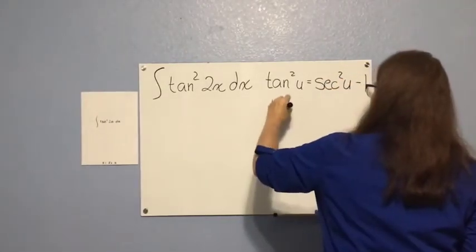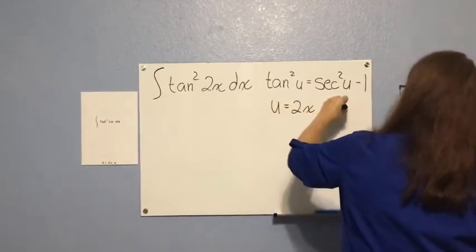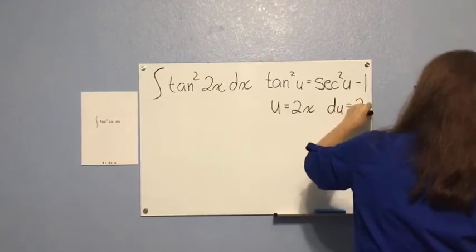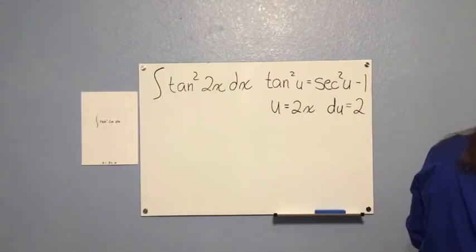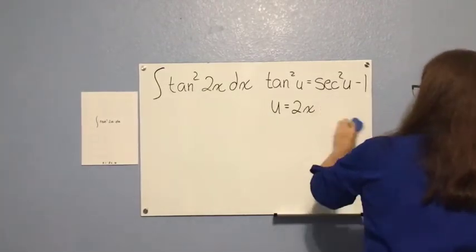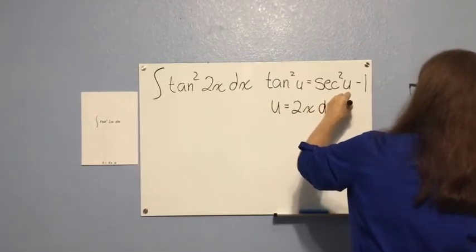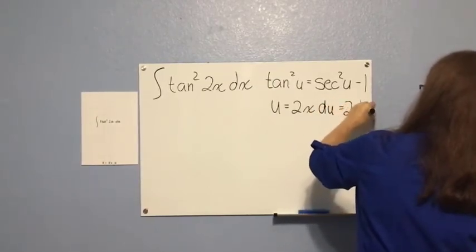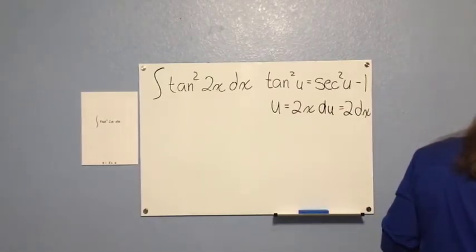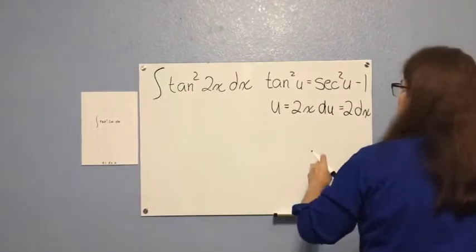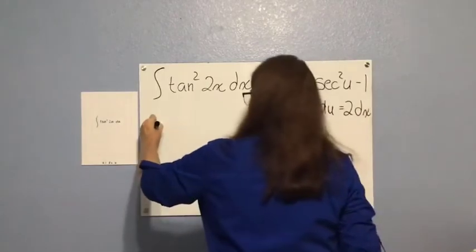So if we let u equal 2x, then du would be just 2 dx. So let's rewrite this. I'm going to need a 2 inside, so I'm going to put a 1/2 on the outside.